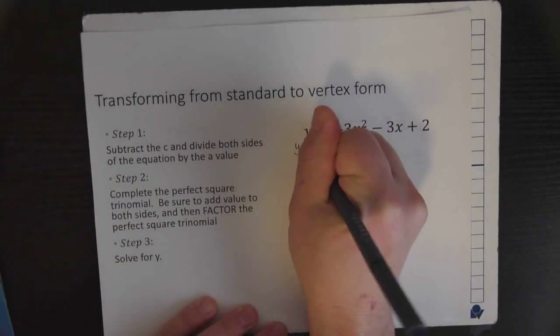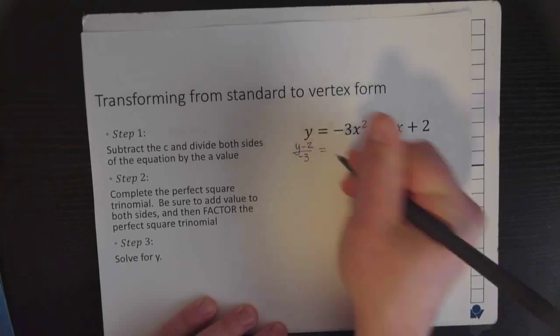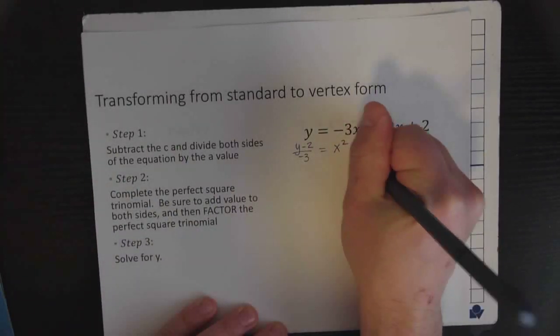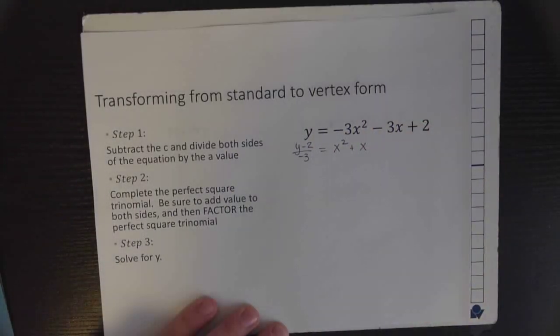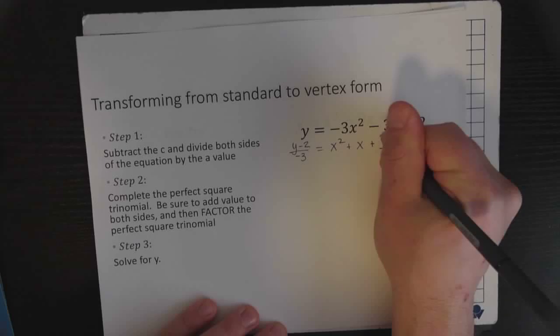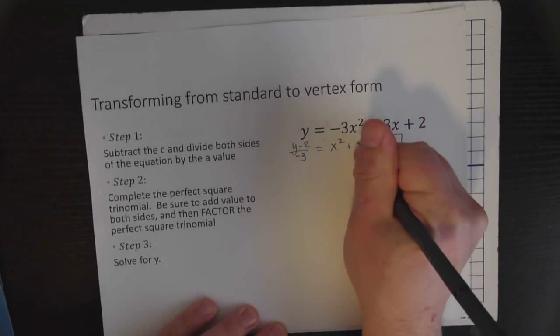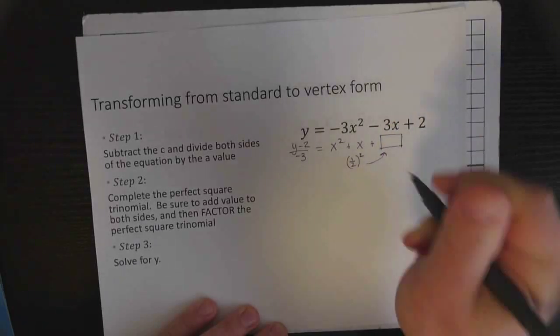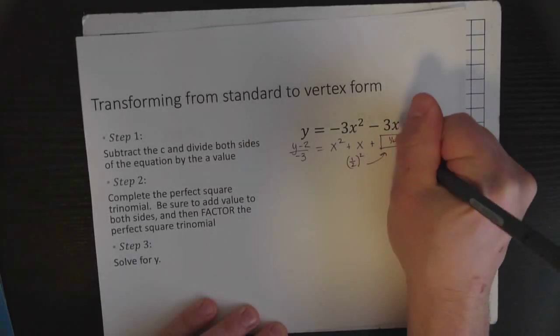y minus 2 divided by negative 3 will leave me with x squared plus x. We're going to complete the square. So I'm going to cut the middle term in half and square it. So I need to add 1/4 to both sides.